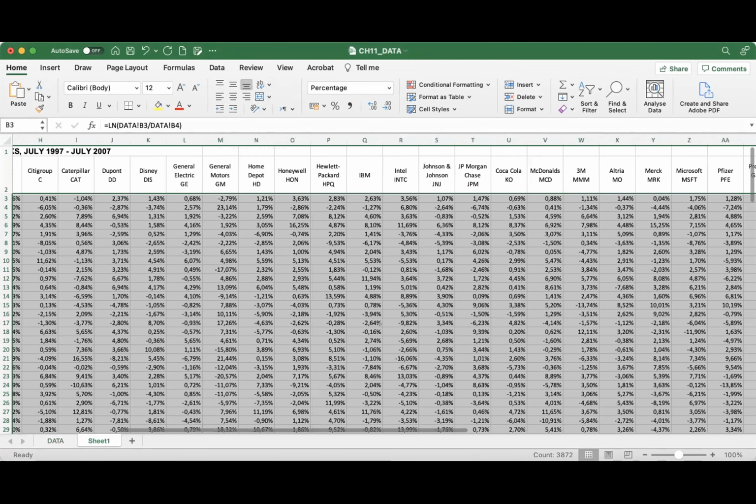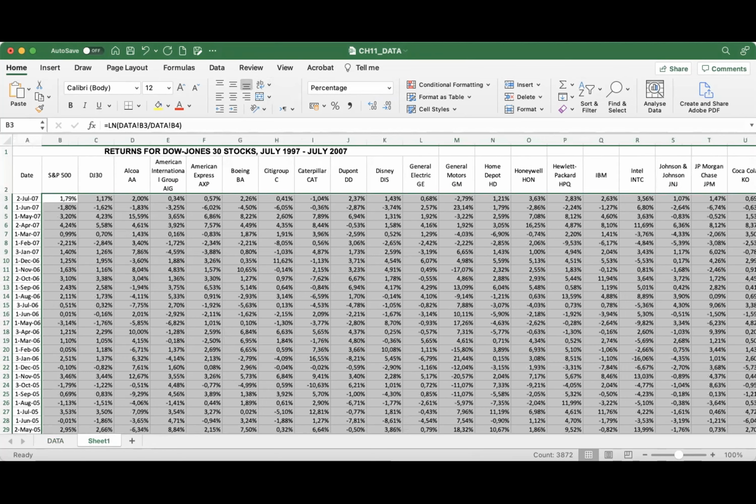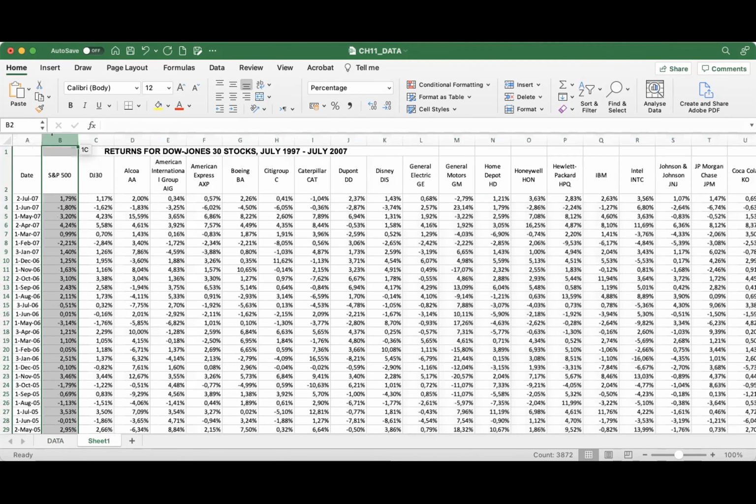Now these are the monthly returns for the S&P 500 index, Dow Jones index, and the 30 individual stocks, right? Now your next step is what you call the first pass regression. For this first pass regression, we should be able to find the beta for each one of these 30 stocks, right?